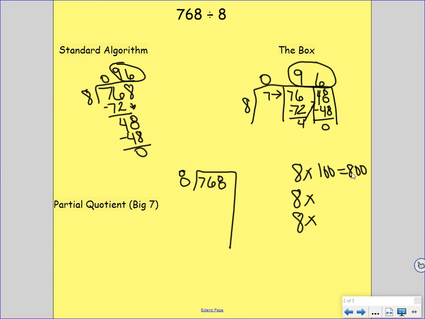So I know that's too much, obviously, but it's going to be a big number. What is 8 times 3? That's 24, so that means that's 240. That's not very close. What if we did 8 times 6? That's 48.